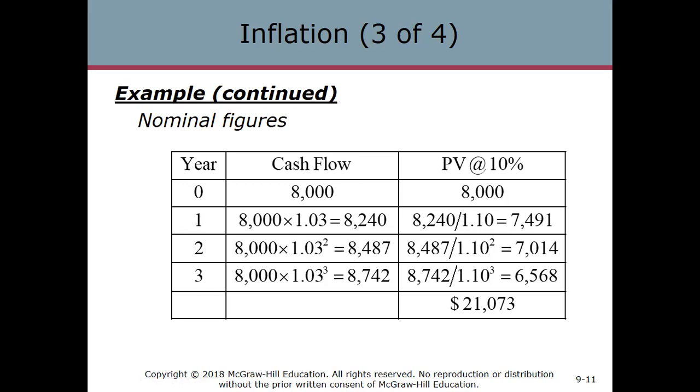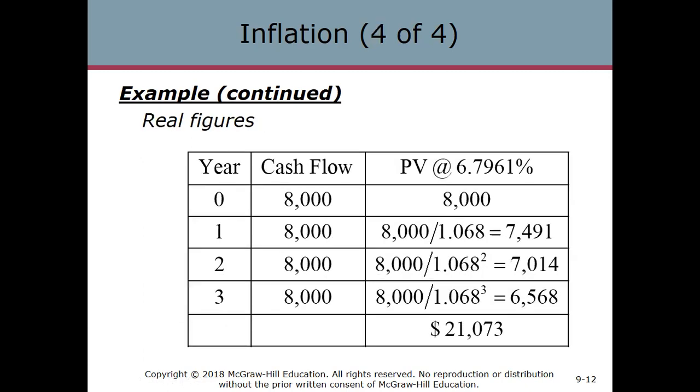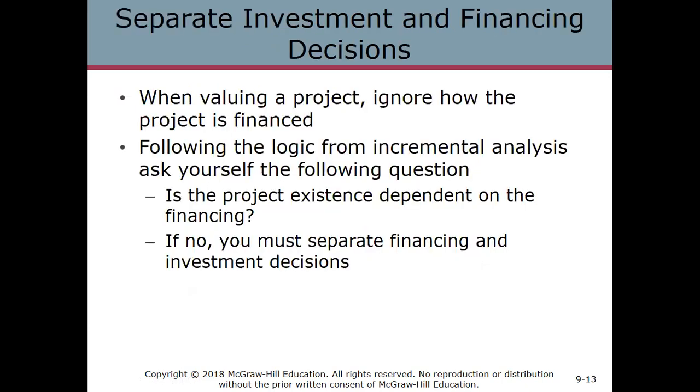Because we do not incorporate the inflation rate into the 10%, we have to forecast or project the value of the cash flows in the future by the 3% inflation rate. But if we use the real figures, then we have to use only the current value of the cash flows, not the values in the future. All right, so that's why the two would be equal. Hopefully that makes it clear.